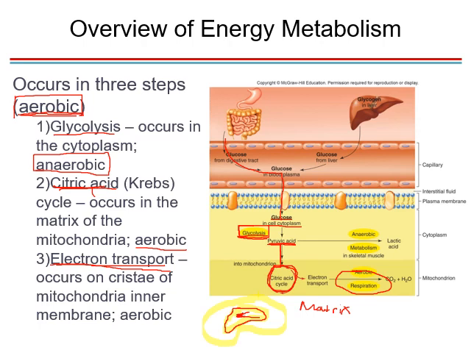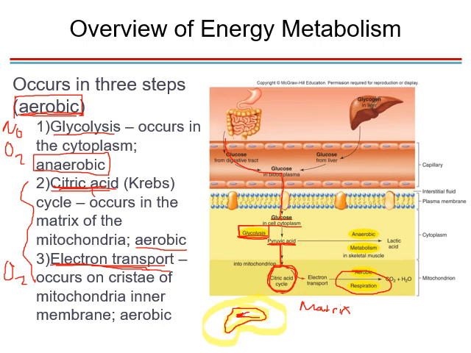So the first process, glycolysis, takes place in the cytoplasm. The next two, the citric acid cycle and electron transport, take place in the mitochondria. These two must have oxygen. Aerobic. Glycolysis, no O2 needed.